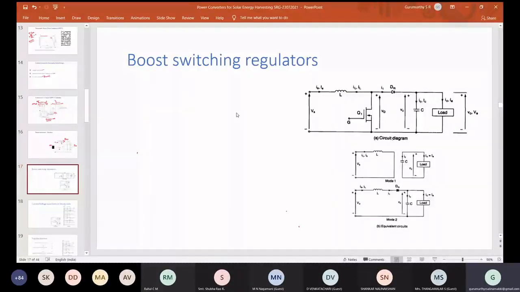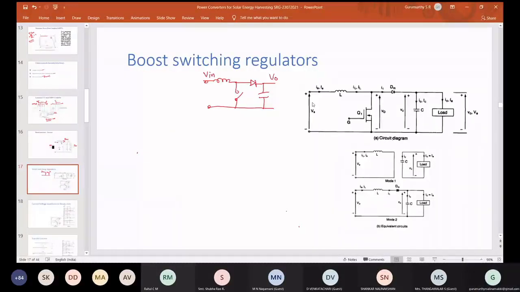You have one inductor, a switch, and a capacitor. This is a simple boost converter. This is the output, this is the input. This is the circuit diagram shown here. This is the inductor.